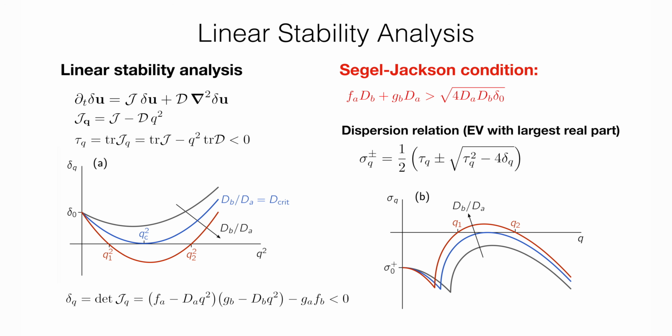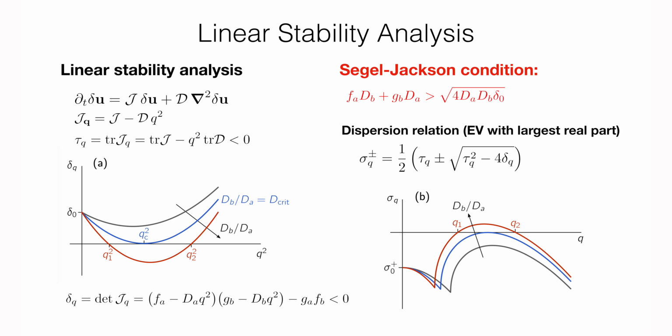So as we learned last time, it connects the partial derivatives of the reaction terms, f and g, with diffusion coefficients, such that this is larger than the square root, again, of a term involving the diffusion coefficients, and delta 0, which is this value of the determinant at wave vector equal to 0.